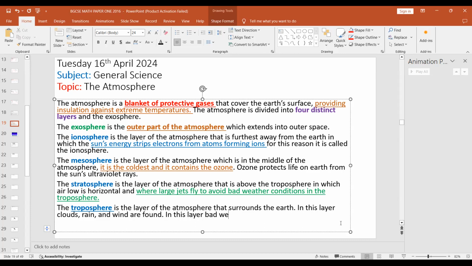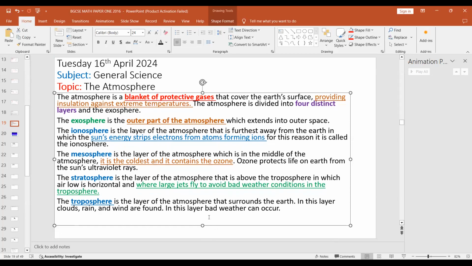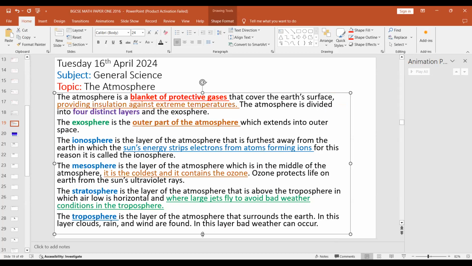Bad weather can occur in this layer. Okay, and that's your four layers along with the exosphere, which is the outer part of the atmosphere.